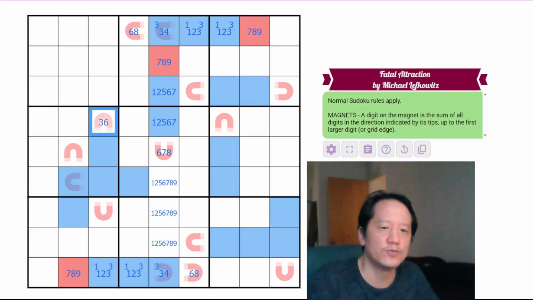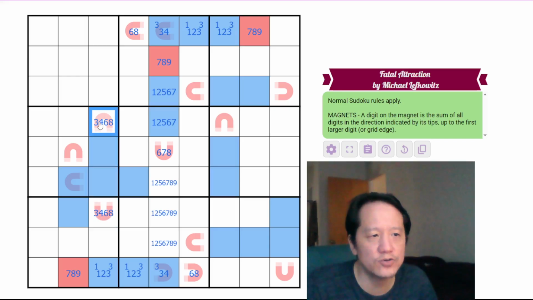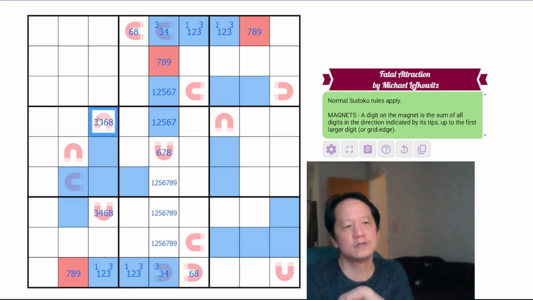So this is 3, 4 with 6 or 8. 3, 4 with 6 or 8 here. And we are guaranteed this has to be the same scenario as this part. Because one of these is double the other. I guess it could be 9 here. Right? No.